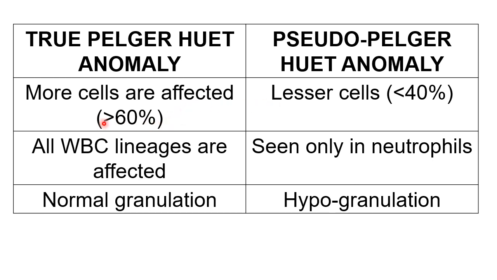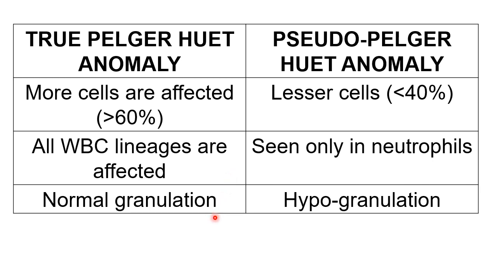Kung more than 60% of the WBCs are hyposegmented, ibig sabihin true Pelger-Huet yan. Pag lesser cells, false. Okay? Pseudo Pelger-Huet. And then next, sa true Pelger-Huet, lahat ng WBC lineages affected. In pseudo Pelger-Huet naman, neutrophils lang. Yung mga mature neutrophils lang ang meron.